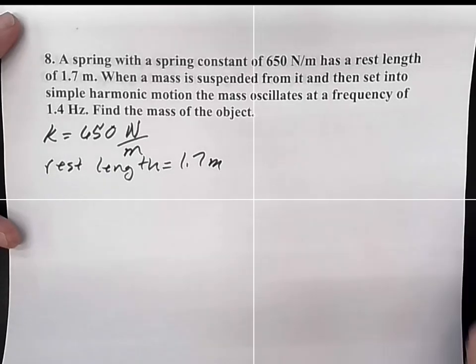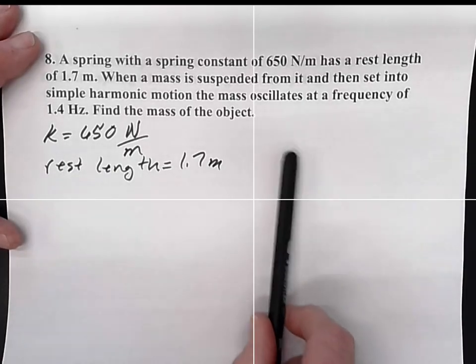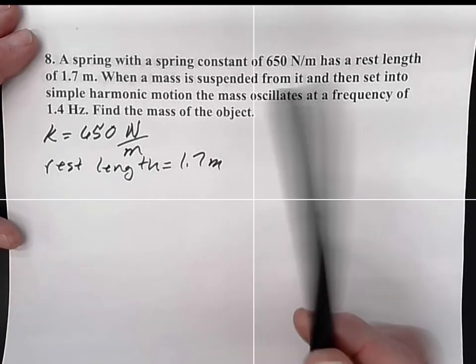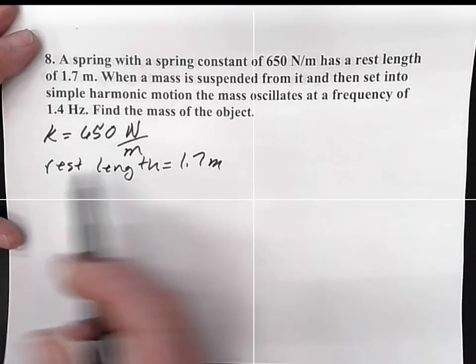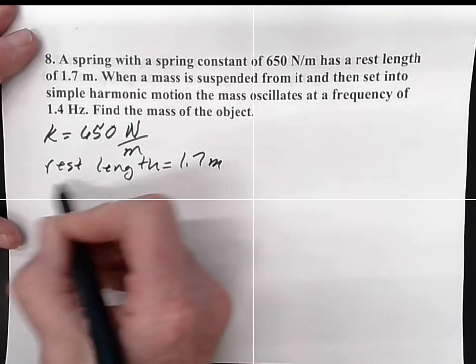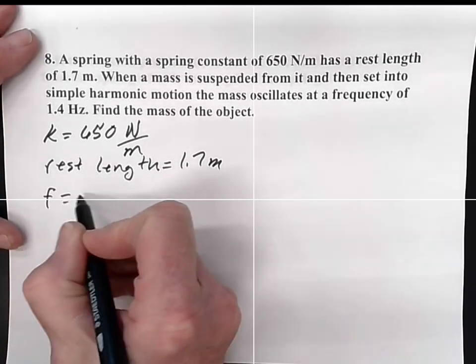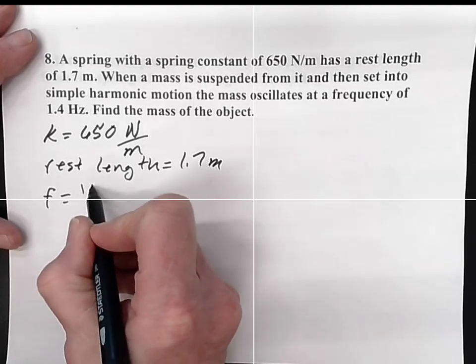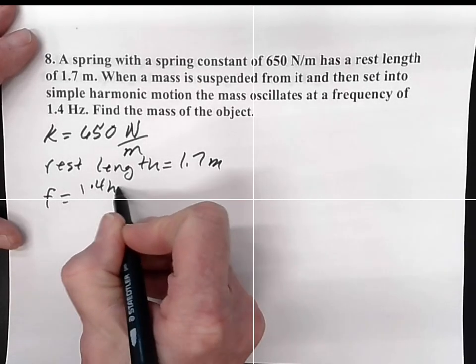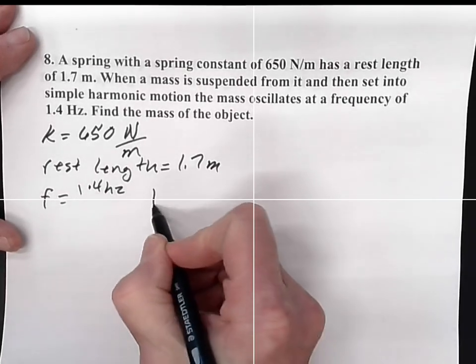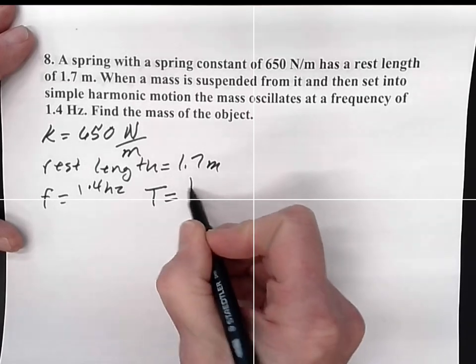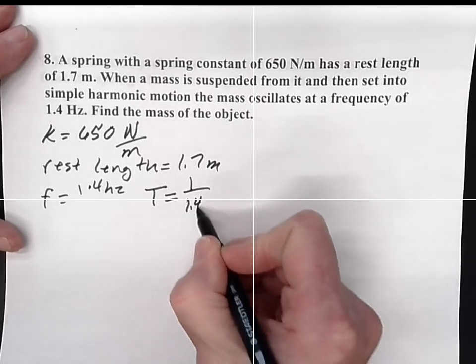And then it tells you that the spring oscillates with a frequency of 1.4 hertz. So again, if the frequency is 1.4 hertz, then it's going to be pretty easy for you to find the period, because the period is going to be 1 over 1.4 hertz.